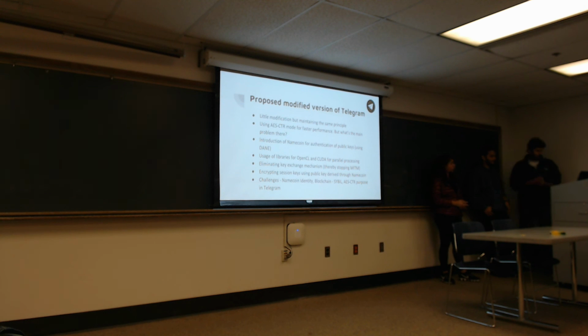And to eliminate the key exchange mechanism and stop man-in-the-middle attacks, what they propose is that once we get the identity information for public keys from the blockchain, you generate a session key, encrypt the session key using the peer's public key and send it over to the other guy.